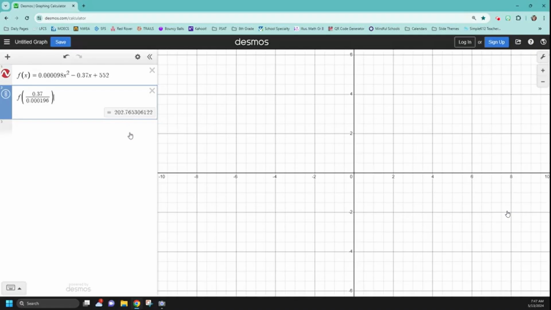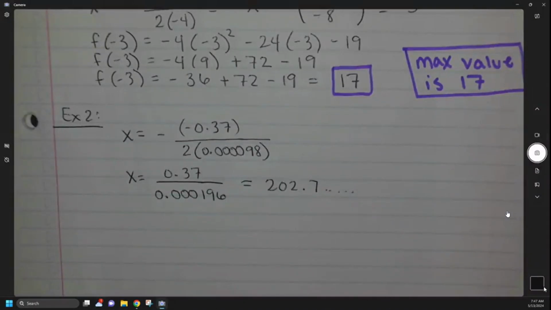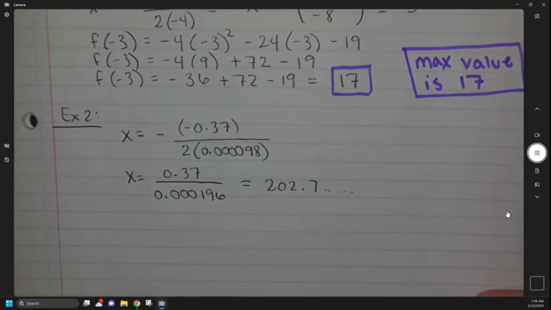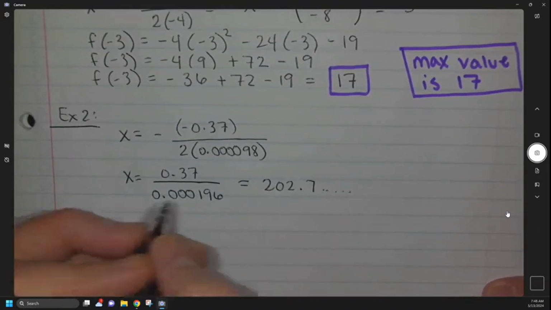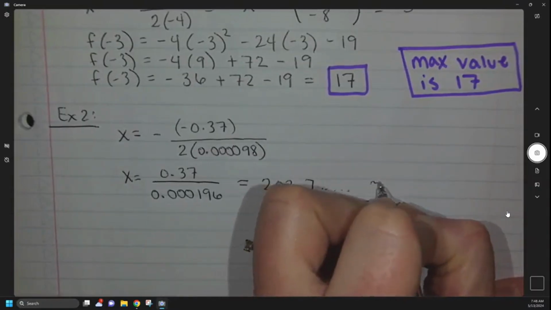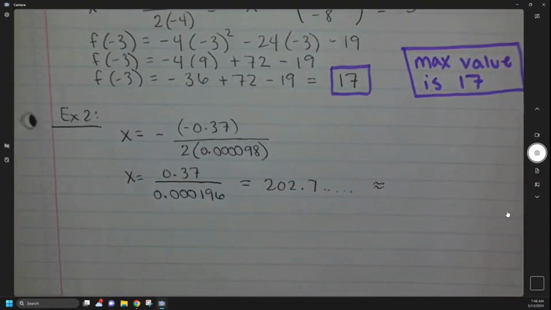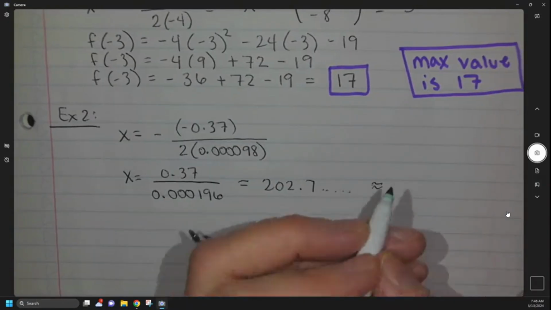So let's go back to our other screen. Here we go. All right. So what we're looking for is the approximate feet. Let's make sure that that's what they want. Yep, estimate and interpret the minimum value for our function. So if we're doing this in terms of feet, the minimum value for this would be approximately 203 feet above water.